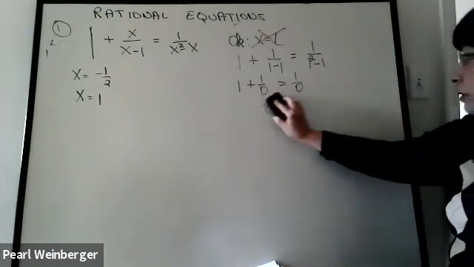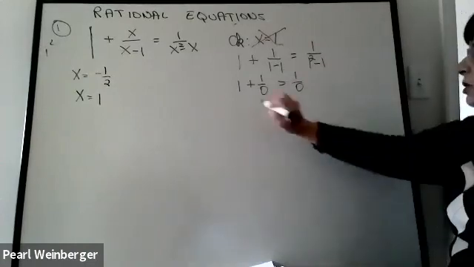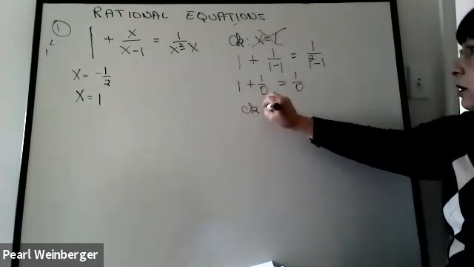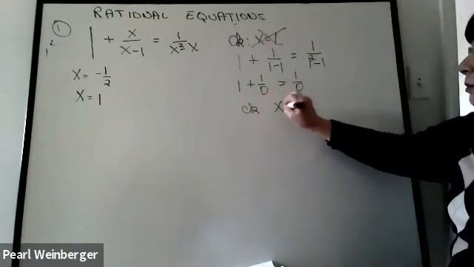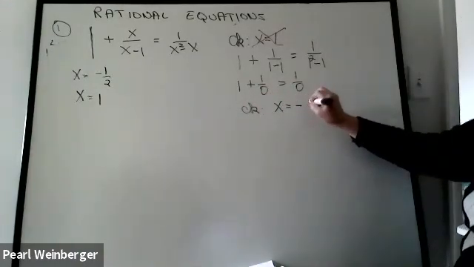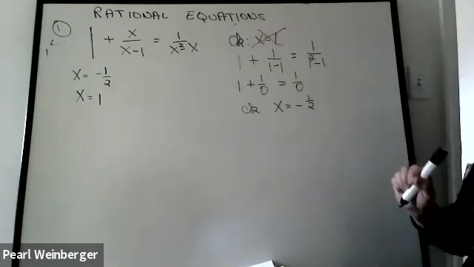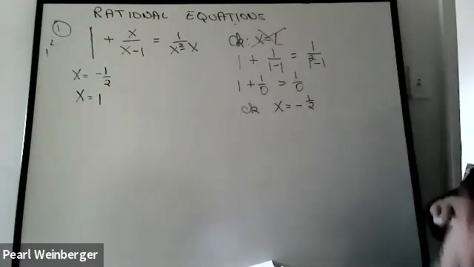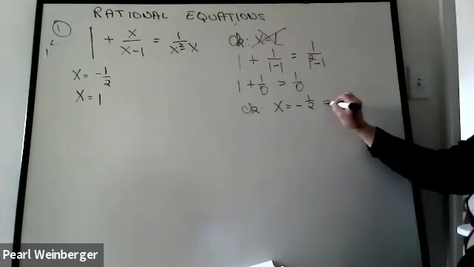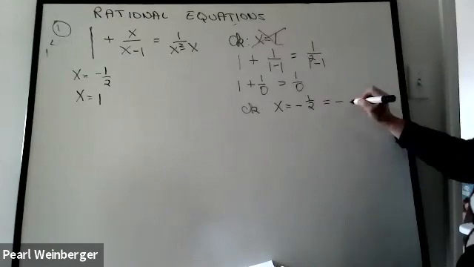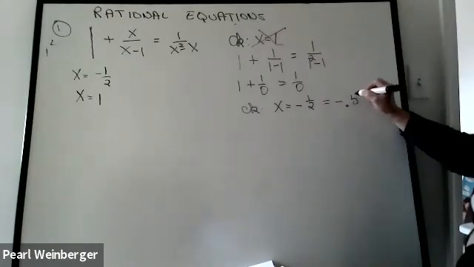What about the other answer? Well, let's check with x equal to -1/2. Now, it's harder to work with, it's going to be fractions with fractions. So let's write this as a decimal. 1/2 is the same as 0.5. So this is going to be -0.5.